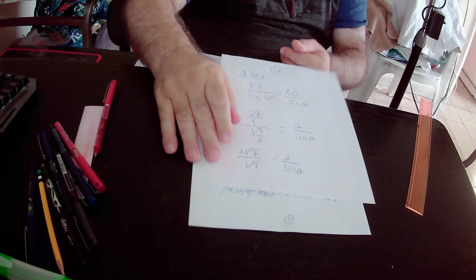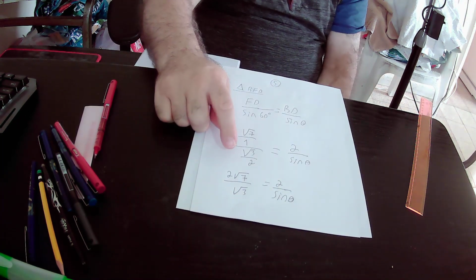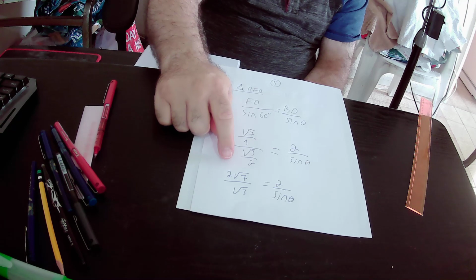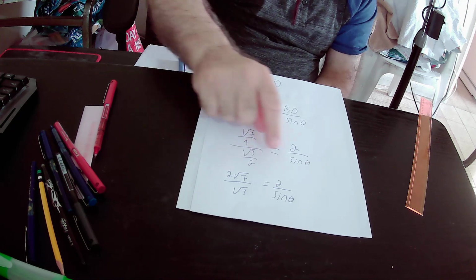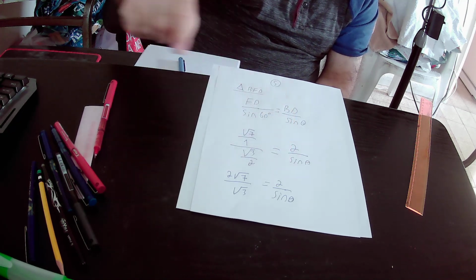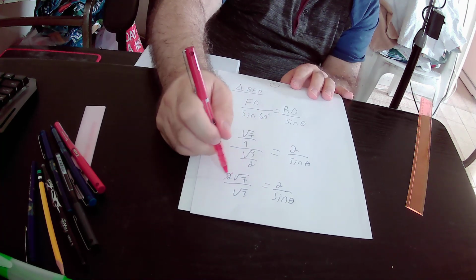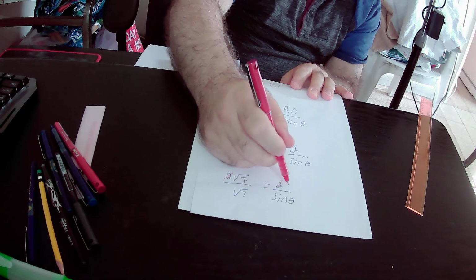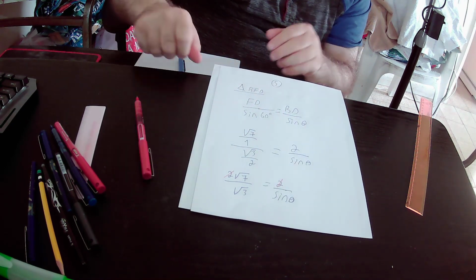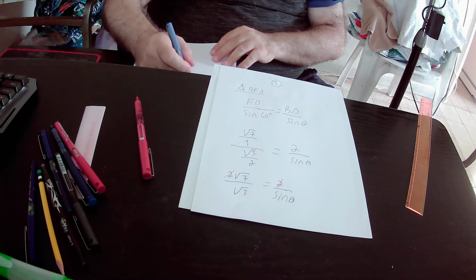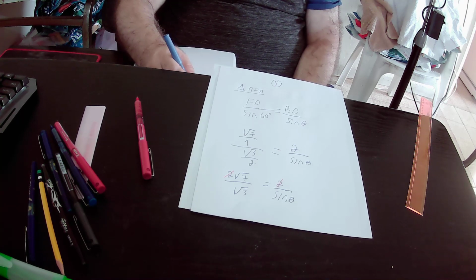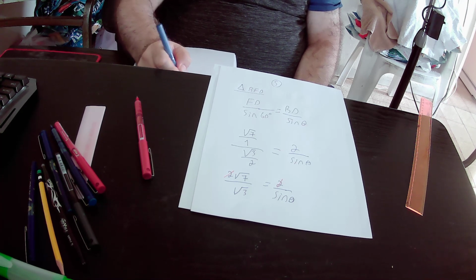We have 2 in the numerator on this side of the equation, and we have 2 in the numerator on the other side, so we can cancel 2. And what is left after we cancel 2?